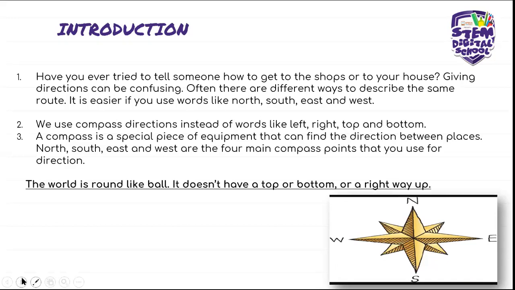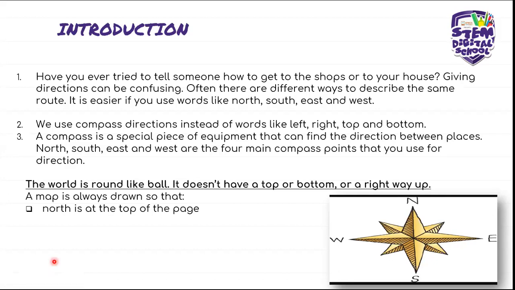Okay? The world is round like a ball. It doesn't have a top or bottom or a right way up. So you need to know that. A map is always drawn so that north is at the top of the page. So in a map, the north part is always at the top of the map, okay?